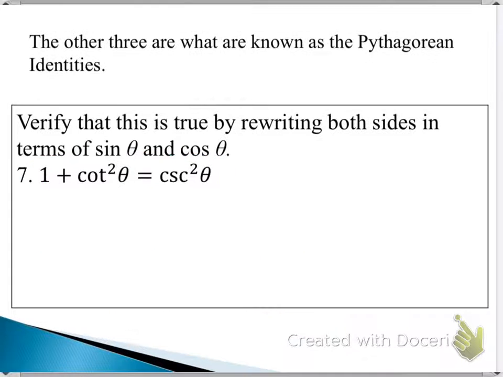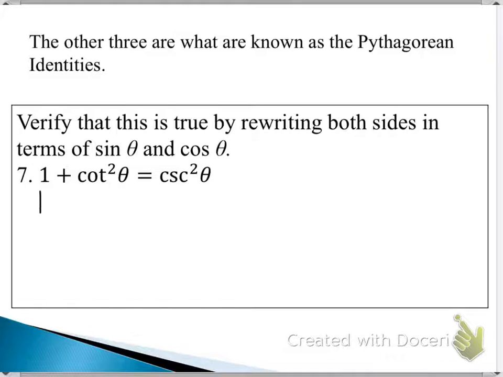All right, here's another one. Here's another Pythagorean identity: 1 plus cotangent squared theta equals cosecant squared theta, which is 1 over sine squared theta. We're going to do the same thing with this one, where we use our identities here. Cotangent is going to be cosine over sine.